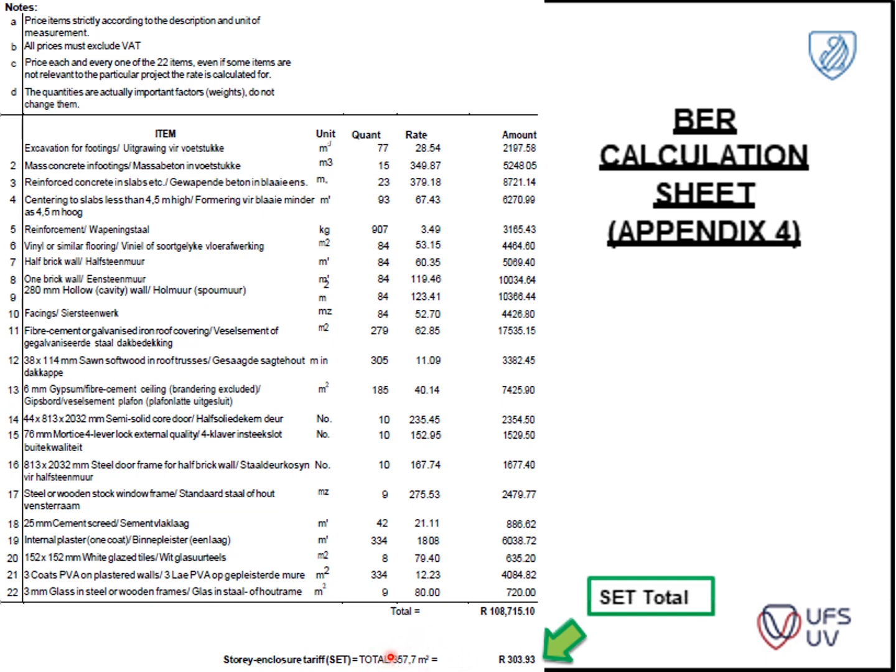Very importantly, when you divide this total, it's always by the standard provided here. In the example provided, you keep the quantities the same and only amend the rates to get to your new adjusted storey enclosure total tariff, which is divided by the 357. It's just an example based on a standard building whenever you're calculating your storey enclosure tariff.